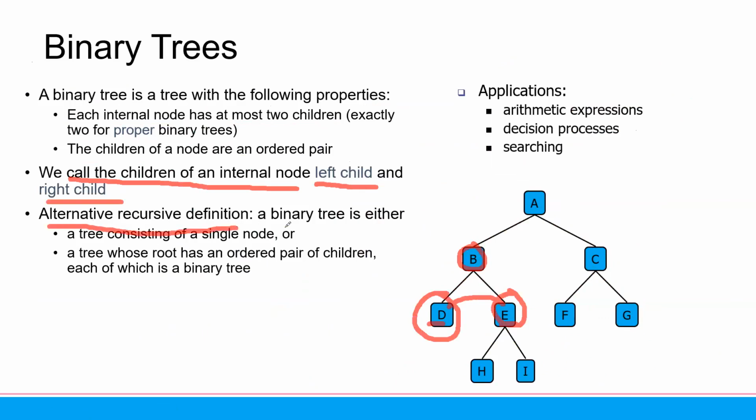Alternative recursive definition: a binary tree is either a tree consisting of a single node. So when you define the recursion, okay, last week you did the learning check, you need to define the base. In the base of a binary tree, we can say that when the tree consists of a single node, then we can finish.